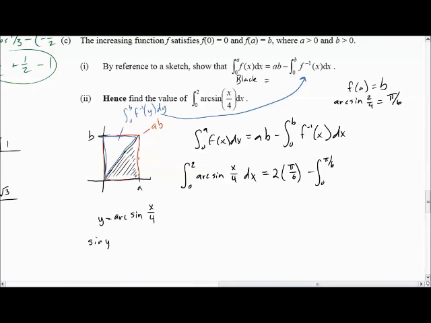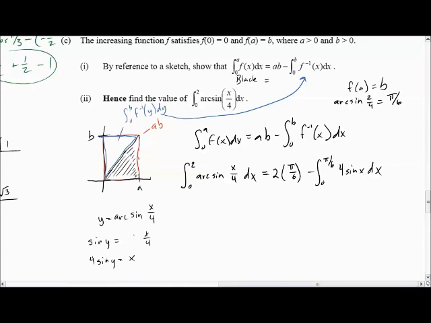So sine of y equals sine of arc sine of x over 4. Sorry, the sine cancels that out. Then we multiply both sides, so 4 sine of y equals x. And switch the x and y, so y equals 4 sine of x. So 4 sine of x dx.